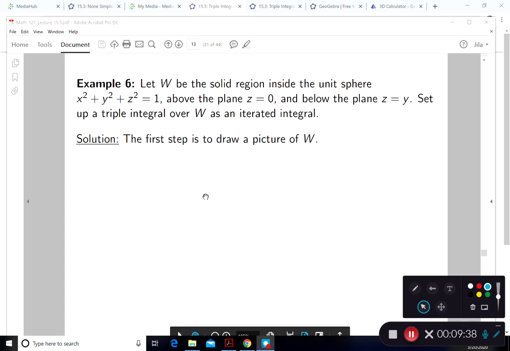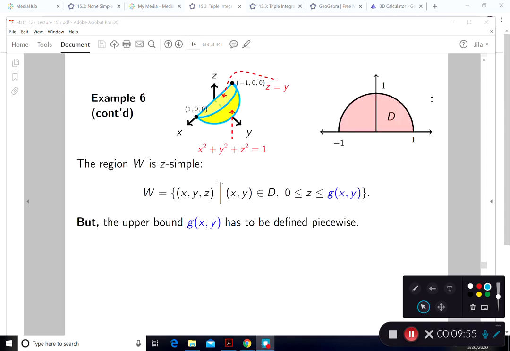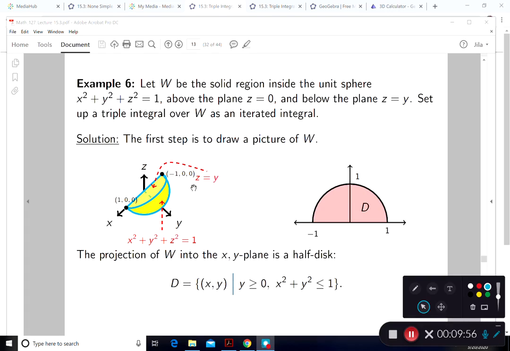So now, to find that volume, if we are trying to set up the integral, we have to look at the wedge.